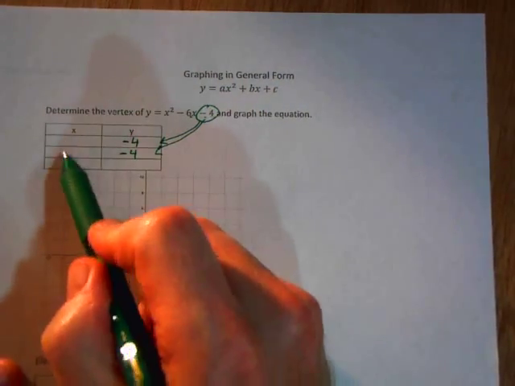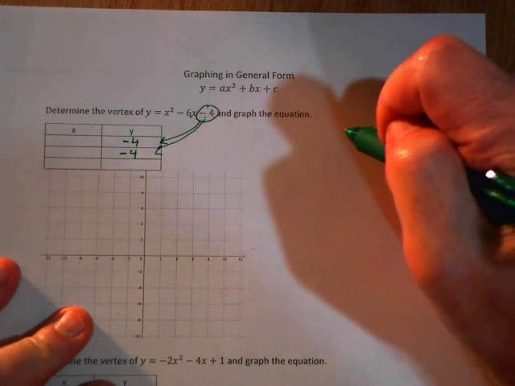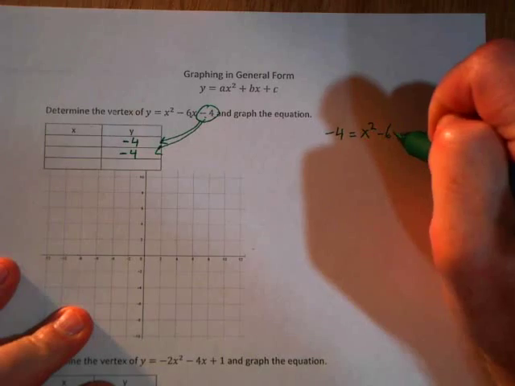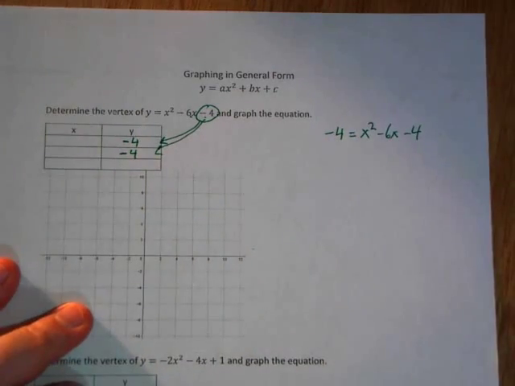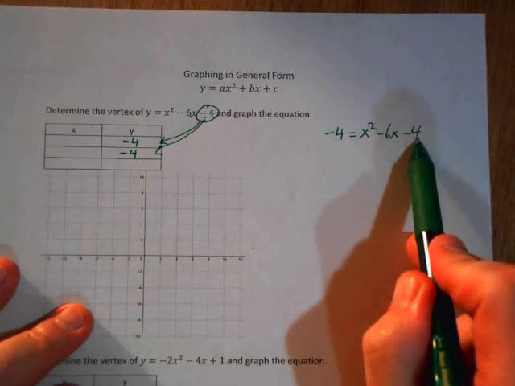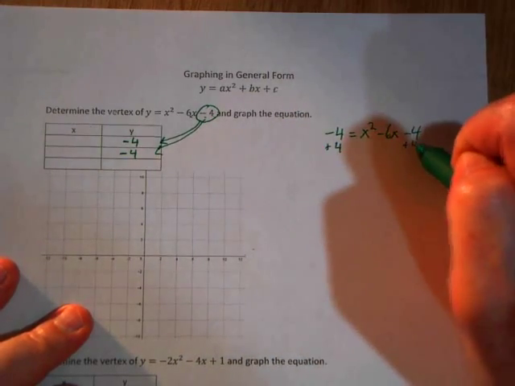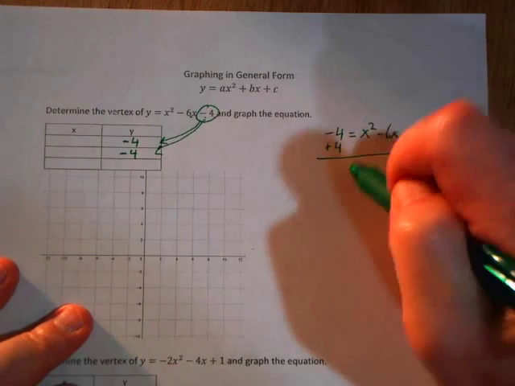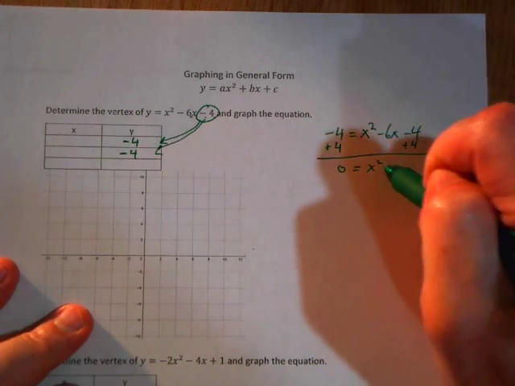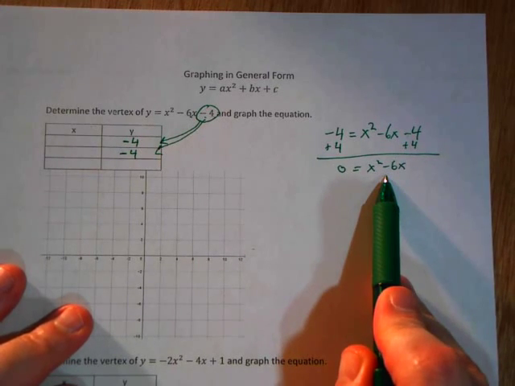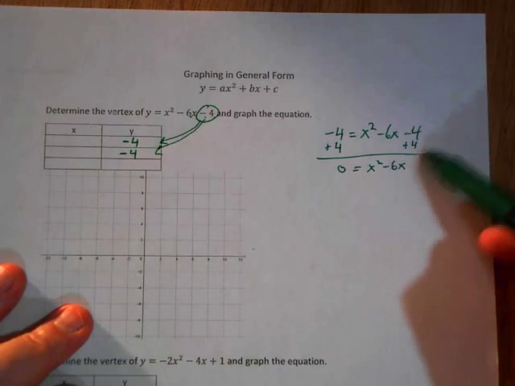Now, how do I find the 2 answers? Well, I have to go off to the side here. I'm going to plug -4 in for the y. The reason I picked -4 is the first thing I would have to do is get 0 on one side, which means I add 4, and that reduces those. You end up with something that you're guaranteed will factor because the constant term goes away.